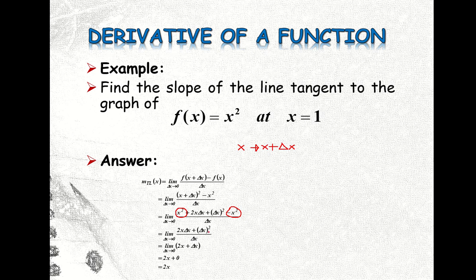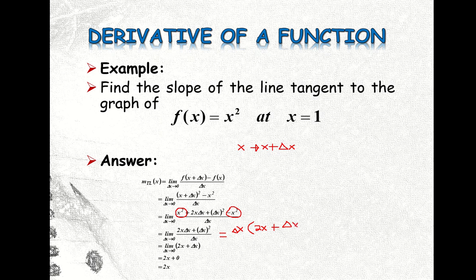What is common there? Delta x, so factor out delta x. The first term is 2x, and the second term is delta x.